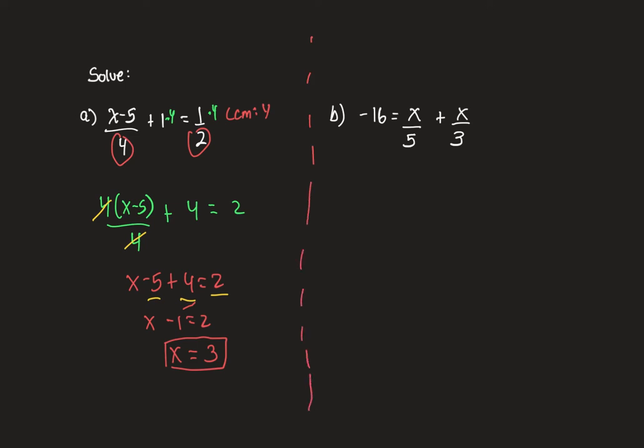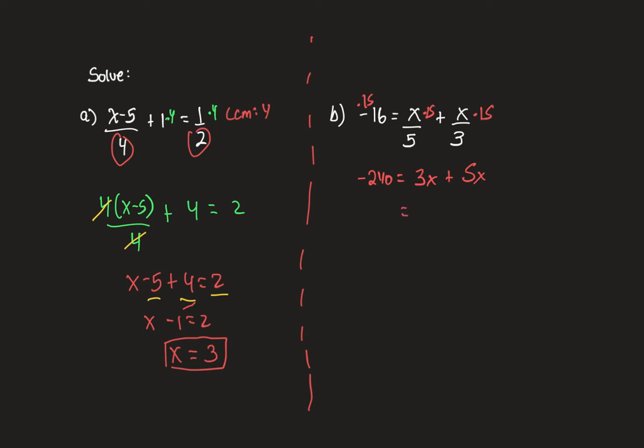All right, so lowest common multiple, first step, which is 15. So multiply everything by 15. So negative 16 times 15 is negative 240. 15 divided by 5 is 3, so I got 3x, plus 15 divided by 3 is 5, so I get 5x.